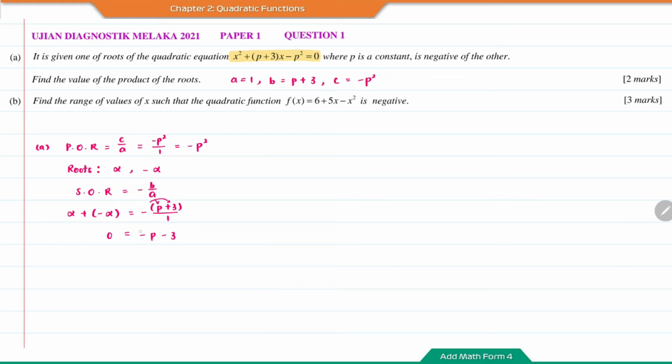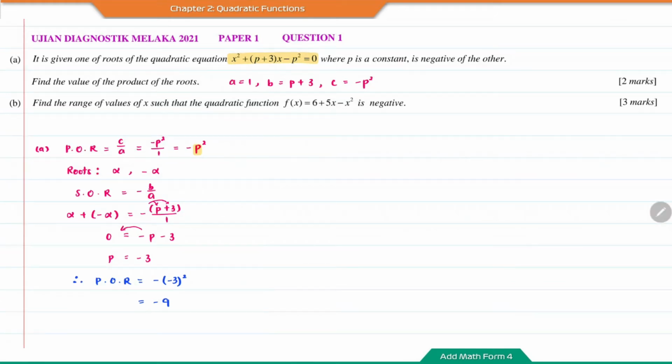So next, to find the p, I'm going to move this negative p to the left-hand side. Therefore, p is equal to negative 3. Now I know the value of p. So now we can find the product of roots, which is negative p squared. We're going to substitute p with negative 3. So bracket negative 3 squared, we're going to have a positive 9. Therefore, here we're going to have negative 9 as the product of roots.